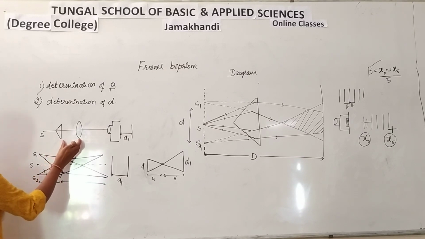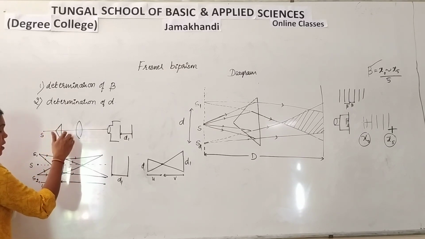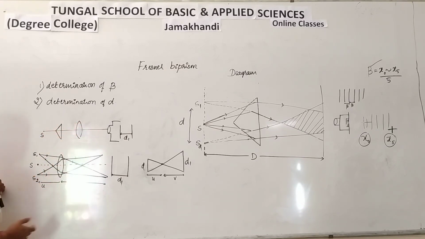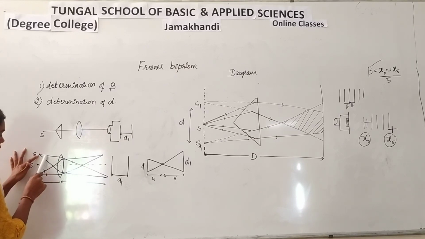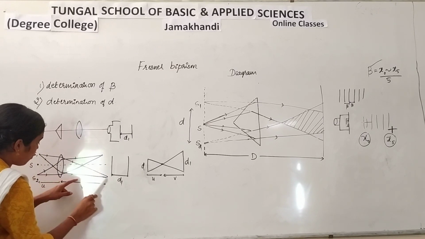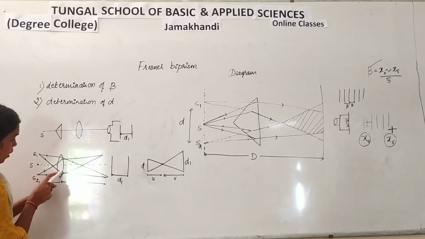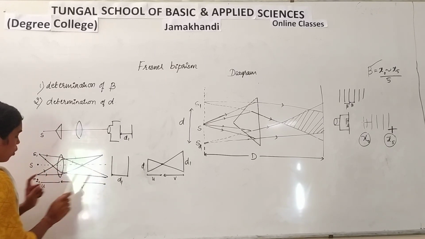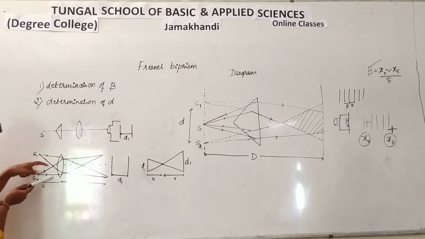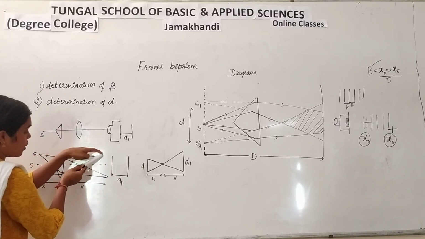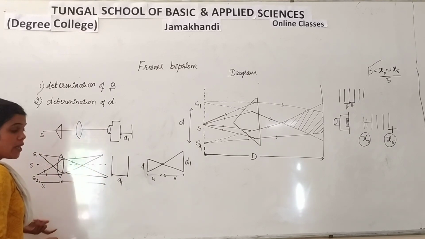If you place a convex lens next to the biprism, the rays which appear to come from S1 converge to one point. The rays which appear to come from S2 converge to another point on the screen.